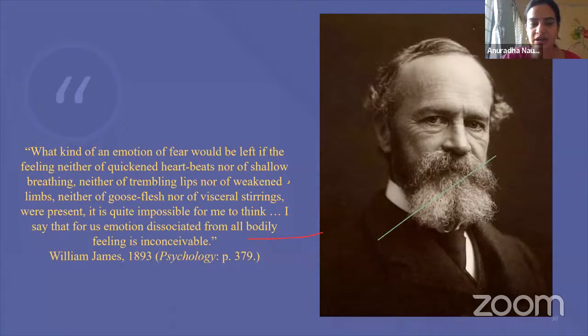I say that for us, emotion dissociated from all bodily feeling is inconceivable. What he is saying is that we cannot separate emotions from physiological arousal. We cannot separate emotions from how our body is reacting, how our mind is reacting, how our brain is reacting to it. Understood?